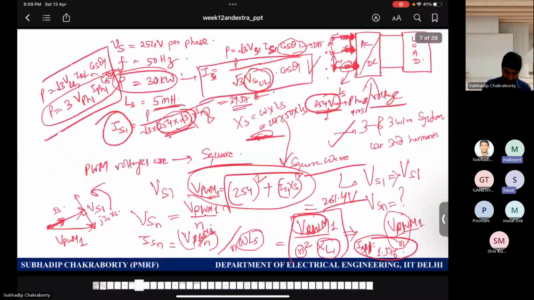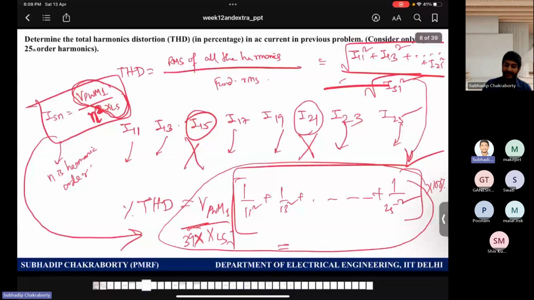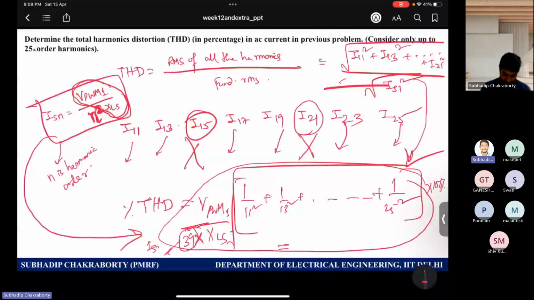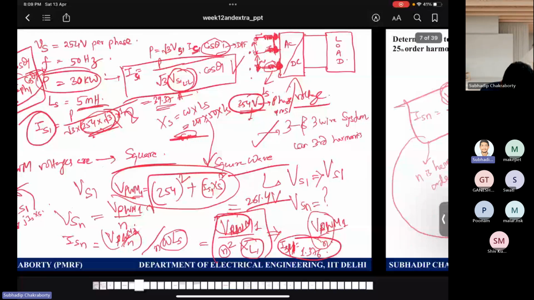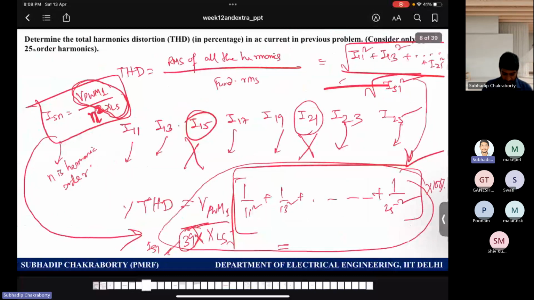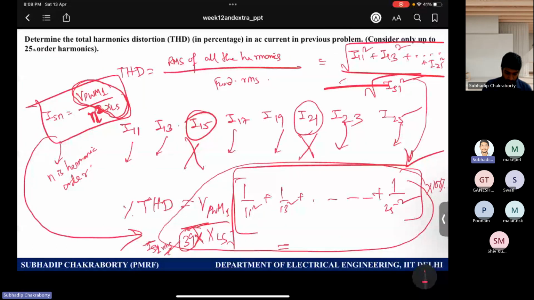That 39 stands for the current IS1 RMS, which is 39.37. So now 39 into 2 pi 50 into 5 millihenry, and this you multiply with the whole root of 1 by 121 plus 1 by 169.